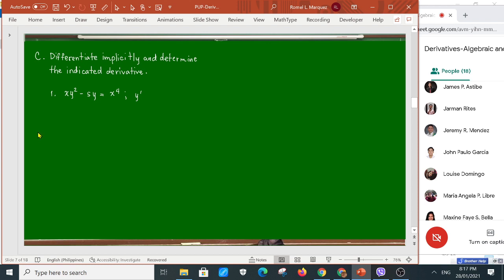Differentiate the left and the right relative to x.